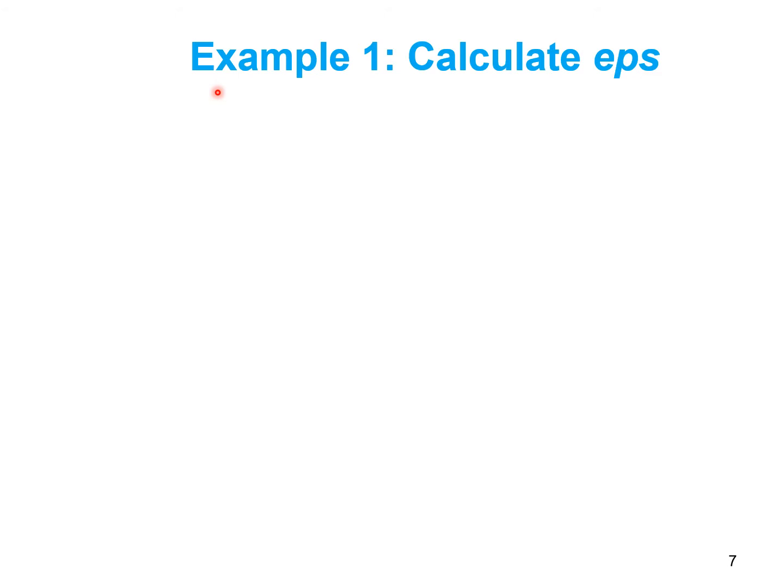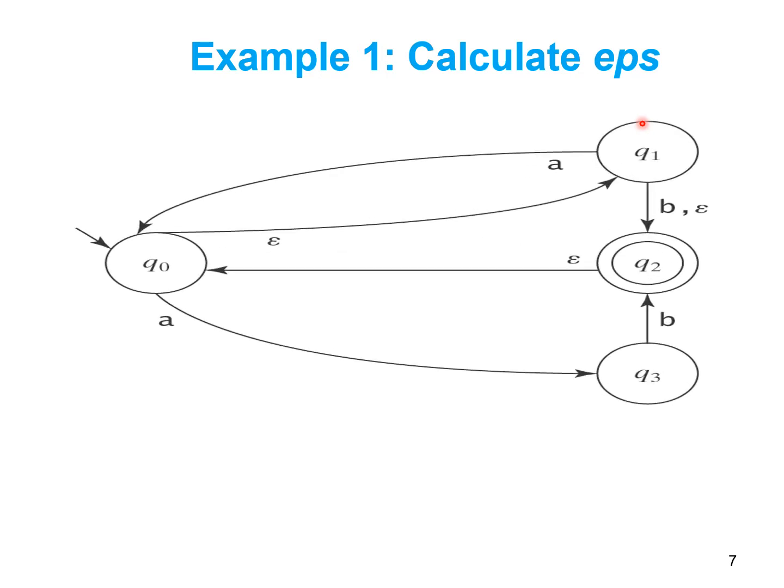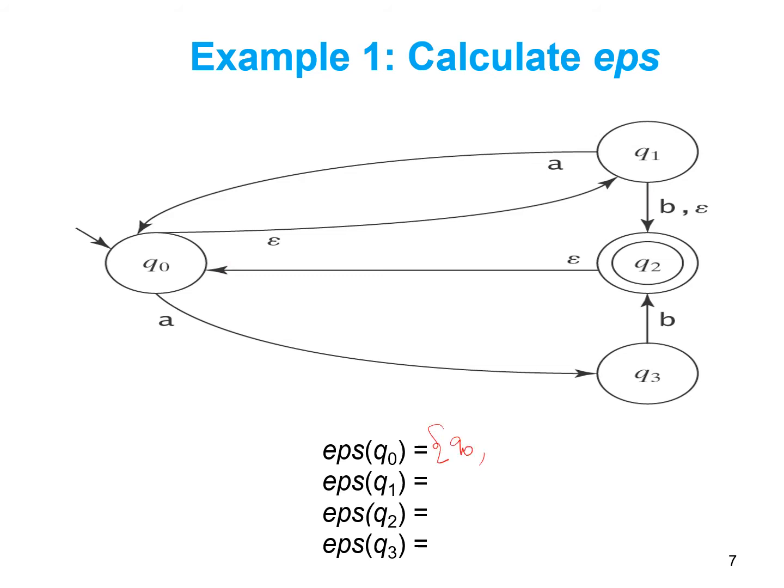Let us see some examples of calculating the EPS for a given NDFSM. Given this NDFSM, we are supposed to find the EPS of q0, q1, q2 and q3. According to the algorithm, for EPS of q0, by default q0 is included in the result. Next, with q0 in the result, check if there is any epsilon transition going from q0 to any other state.